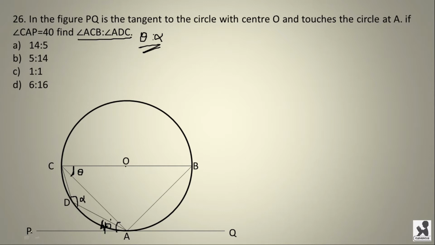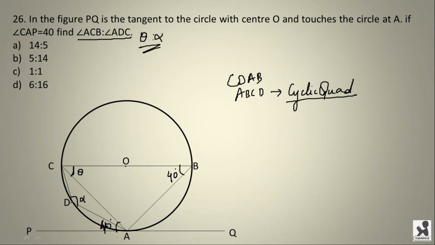According to the alternate segment theorem, if angle PAC is 40 degrees, then angle CBA is also 40 degrees. And ABCD is a cyclic quadrilateral.